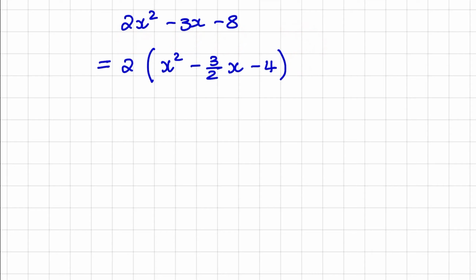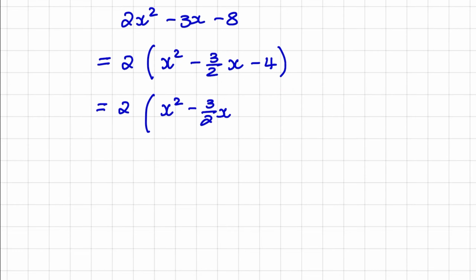Now we want to complete the square by looking at the coefficient of x. And we are going to add and subtract half of the coefficient of x. So what that looks like is we have 2 times x squared minus 3 over 2 x.